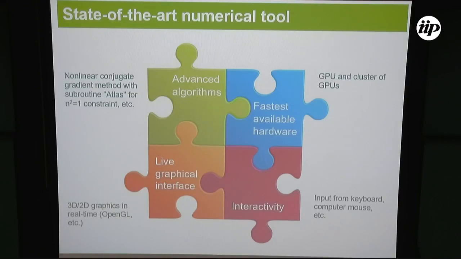And it is very related to the last component, interactivity. We have to be able to go inside these simulations and change something in real time.